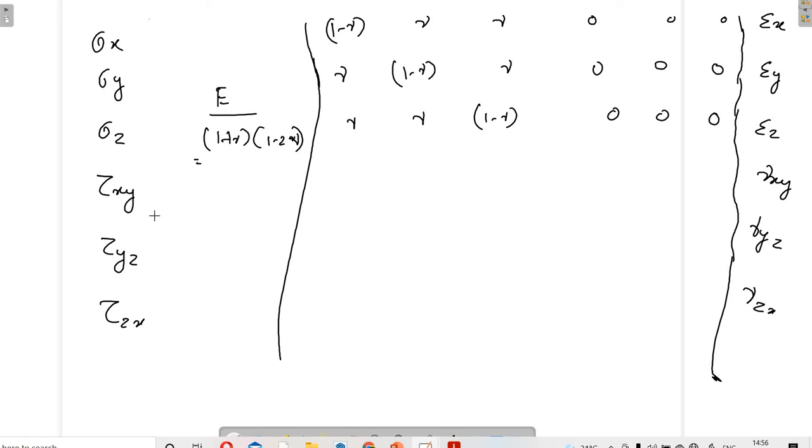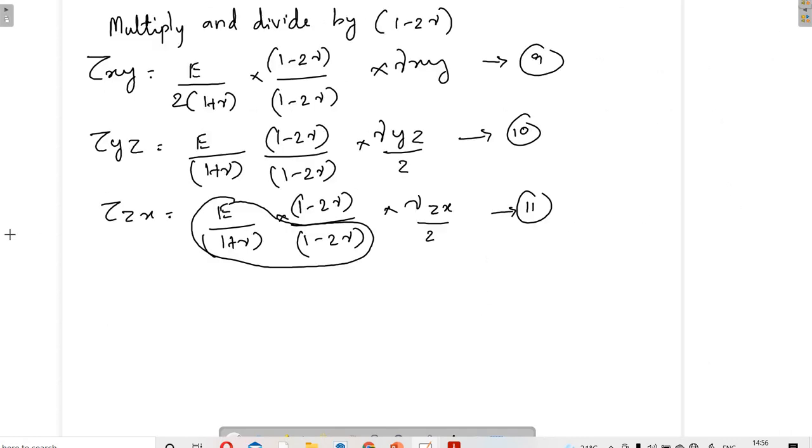For the shear stress equations, we have tau xy. The normal strain components are now 0, so this 3 by 3 block is fully 0. We have to fill only the shear strain values. So if you see the last equation, E divided by (1 plus nu)(1 minus 2 nu) is common, and the outer vector consists of gamma zx, gamma yz, and gamma xy. So the inner value inside the matrix is (1 minus 2 nu) by 2.